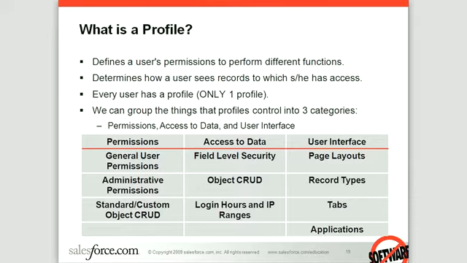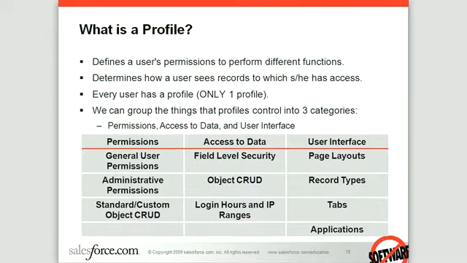The profiles also drive user interface customizations. People with different profiles will have different user interface experiences with Salesforce.com. You can determine which page layout a user sees based on their profile.